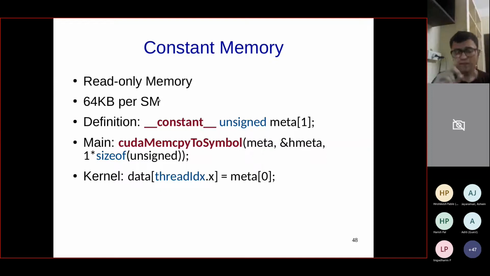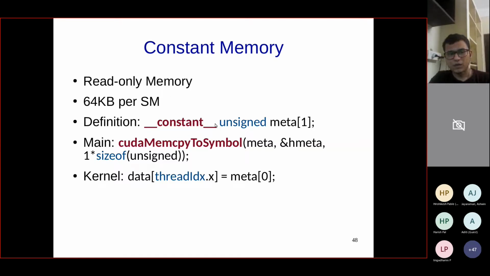Let us understand this thing. Let us say that we want to define some variable or an array inside this constant memory. Then how can we do it? The way we can do it is very similar to the way we do it for the shared memory.